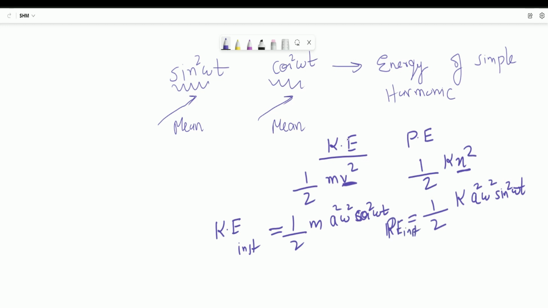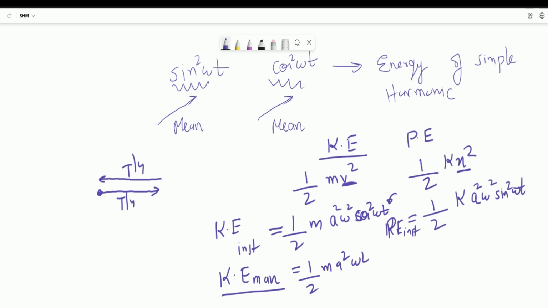So if you have to find the maximum kinetic energy, KE max, it is at the position when t is equal to 0, right? The velocity is highest when it is coming back, right? So this goes to 90 degrees and it comes back, another T by 4 and T by 4, both correspond to T by 2, and therefore when you put the value of t as T by 2 here, what you get is half m a square omega square.